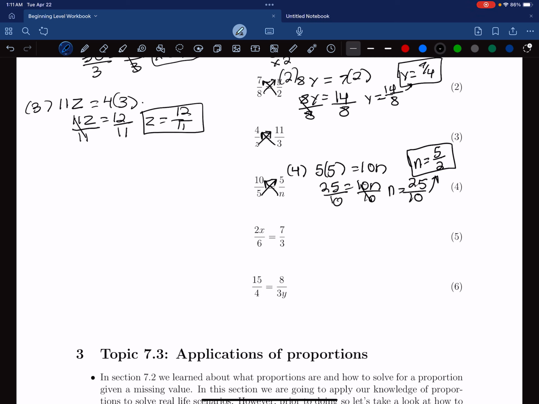Now, looking at example 5, this one does have one more additional step to it, but it's the same exact process as we've been doing before. So I encourage you to pause the video and see if you can get this one on your own. And assuming you have given it a go, let's go through it. So we have 6 times 7. And then we're going to set that equal to 3 times 2x.